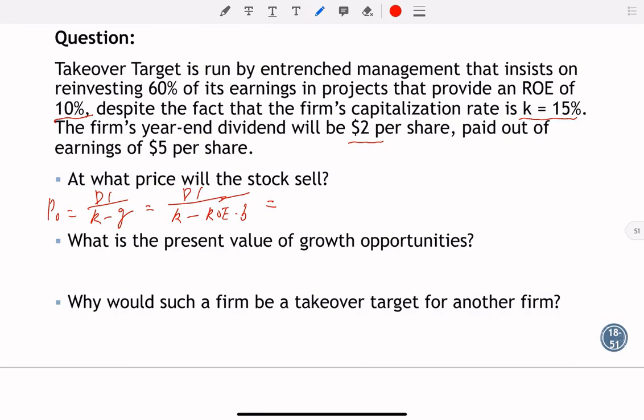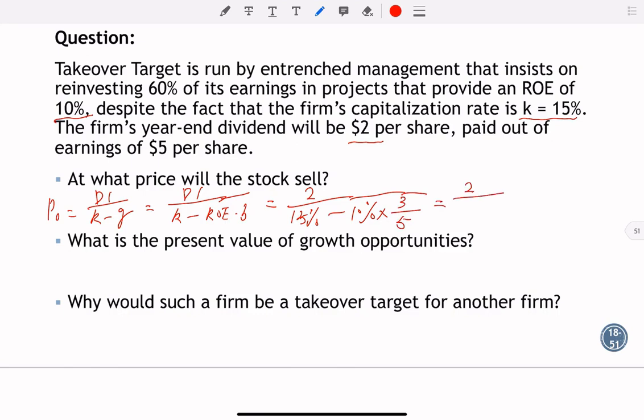So the firm pays out $2 as dividend, and the earnings are $5. So you can see that the firm will reinvest $3, which means the plowback ratio is 3 divided by 5. So we have D1, which is 2, and K is 15% minus 10% times 3 divided by 5.